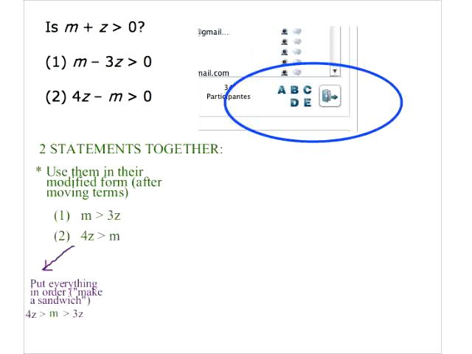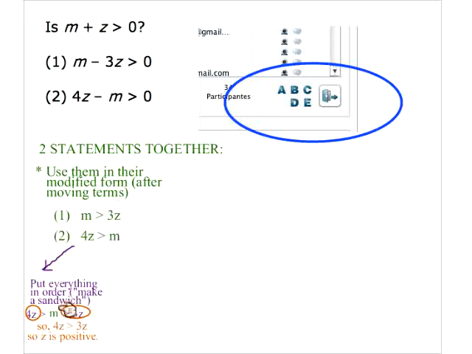Aha. If you look at the bread of the sandwich, just the 4z and the 3z, we discover that 4z has to be bigger than 3z. The only z's that do that are positive numbers. So we've discovered that z is positive.